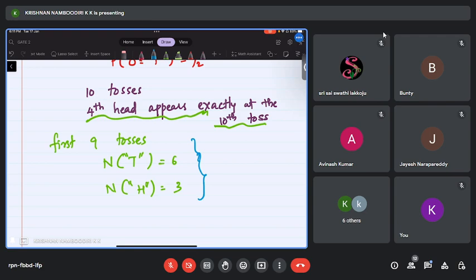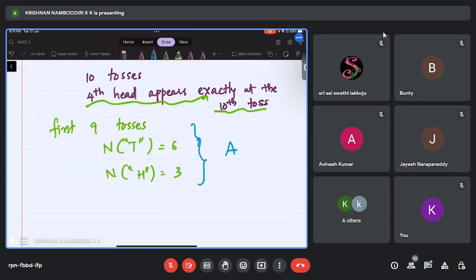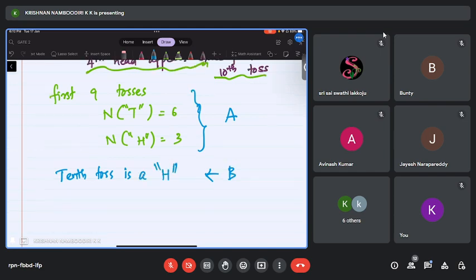So let us call this event A, and event B I am defining as the 10th toss being a head. What is the probability of B then? The 10th toss is H, right? So what is the probability of this event B? That is nothing but half, right?